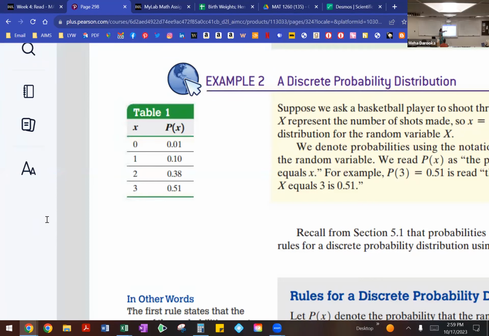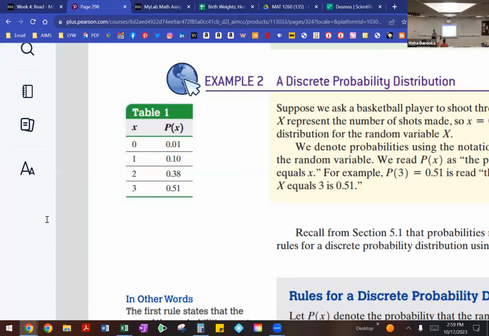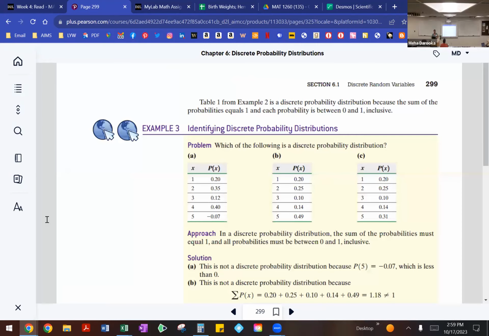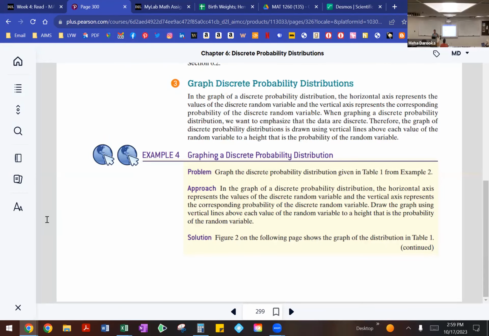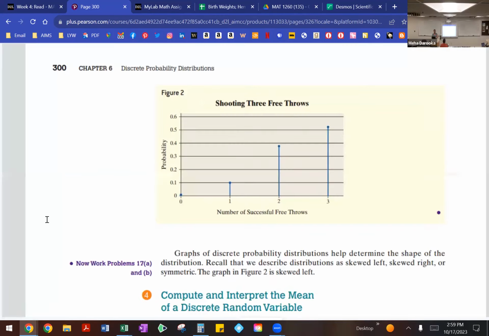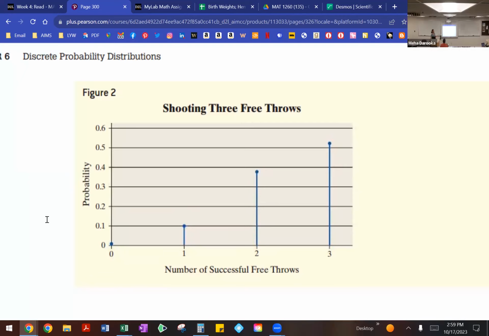He makes one shot was 0.10, two shots at 0.38, and of course, if he made all three, 0.51. So if you wanted to graph this little table over here, what would that end up looking like? Look at what we're talking about for a discrete probability distribution graph. This is exactly what it is. You're literally just using vertical lines to draw your graphs.